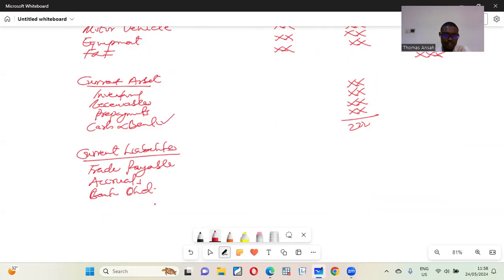When bank is at the credit side, it's an overdraft. So you put these together and you take it off. So don't forget, we less current liabilities. Then you take it off, and we get what we need to get here. This is called capital employed.